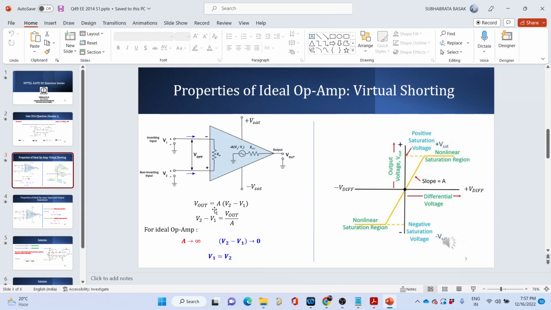So Vout is equal to A into (V2 minus V1). V1 is the potential applied at the inverting terminal, and V2 is the potential applied at the non-inverting terminal. Plus Vsat and minus Vsat are the power supplies that we have supplied to the IC, the 741 op amp IC that you see. You need to supply VCC and ground.